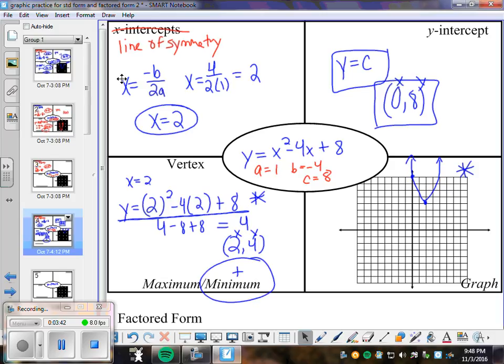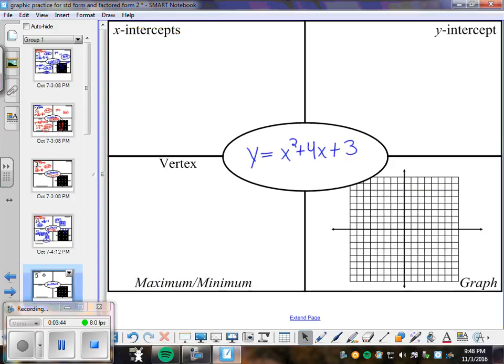Okay, the next one I'm going to do is another standard form, x squared plus 4x plus 3. I'm identifying a as 1, b is 4, c is 3. Now again, line of symmetry is what I want.